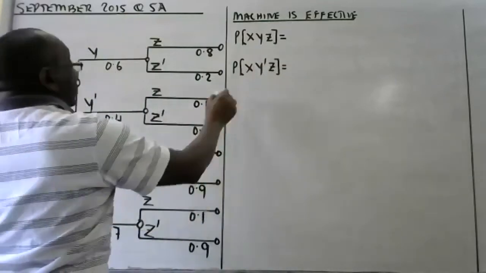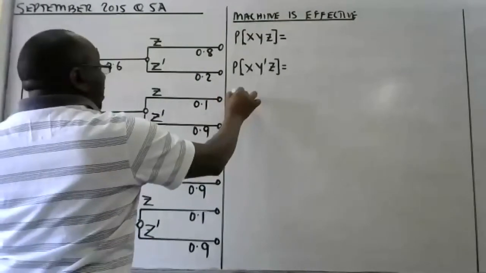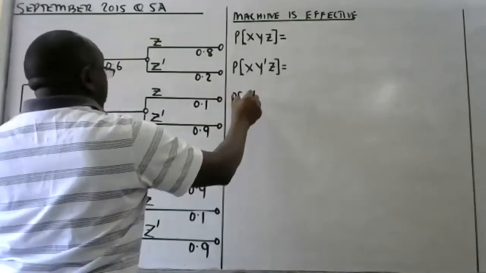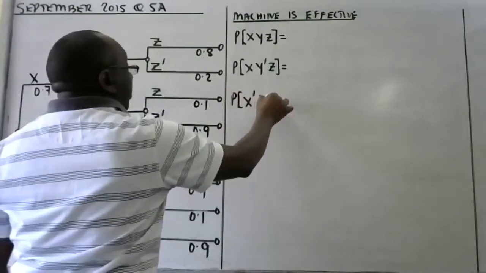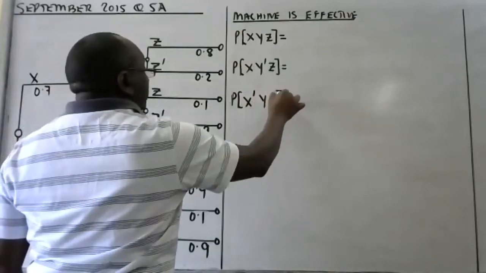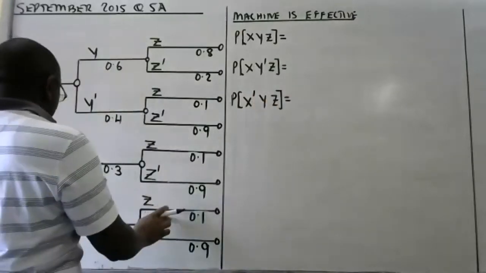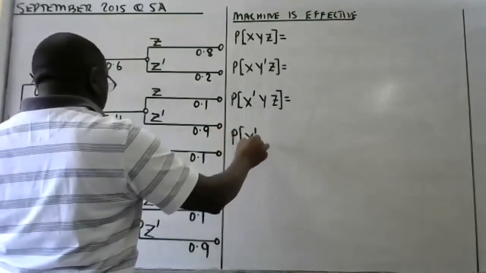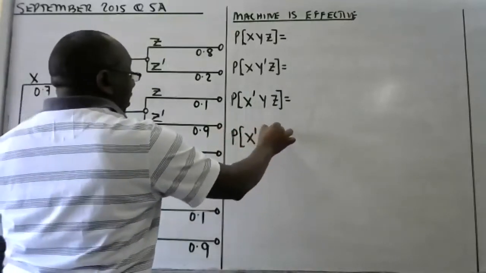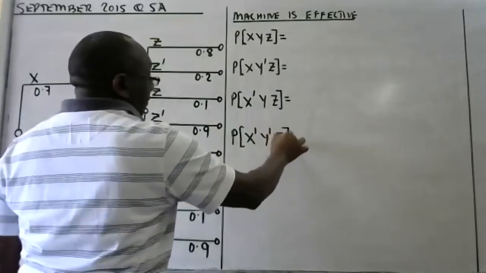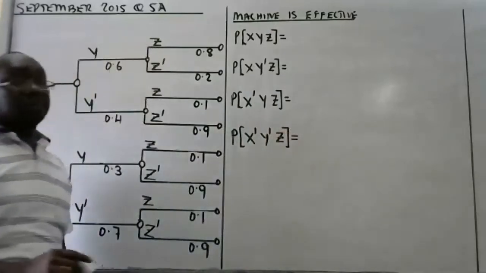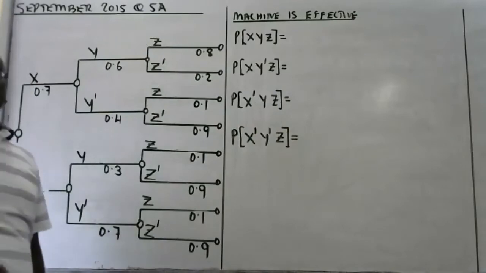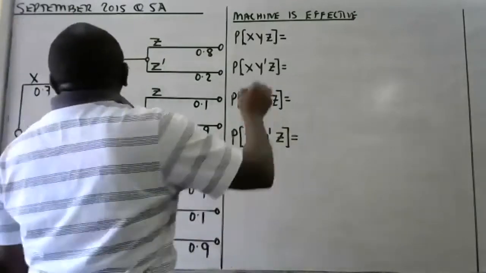This other one, probability that X is not working, Y is working, and Z is working. And this other one, probability that X is not working, Y is not working, and Z is working.